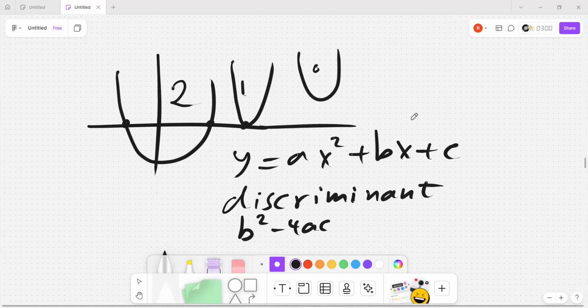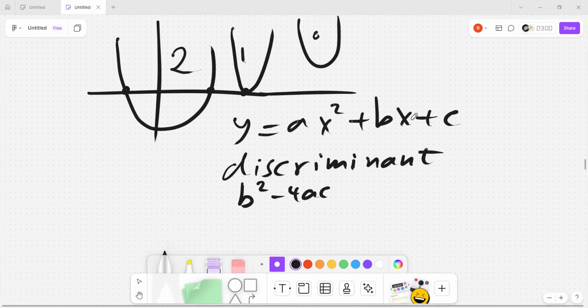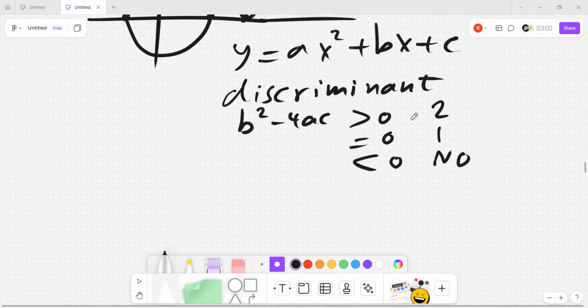It doesn't matter what number I get; all I care about is whether this number is positive, zero, or negative. If it's positive, this parabola has two solutions. If it's equal to zero, it has one repeated solution. When it is negative, it has no solutions. Perfect.